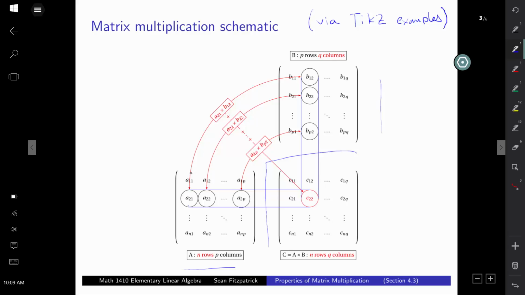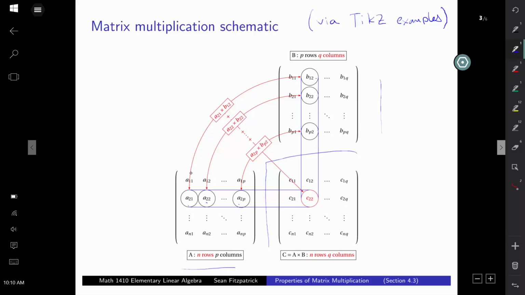Each entry in one of the rows has a corresponding entry in each one of the columns, and we multiply these together. So we do the A's times the B's, A21 times B12, A22 times B22, and so on. We form all those products, we add them all up, and that gives us the entry. So this schematic, I think, gives us a nice way of visualizing matrix multiplication.